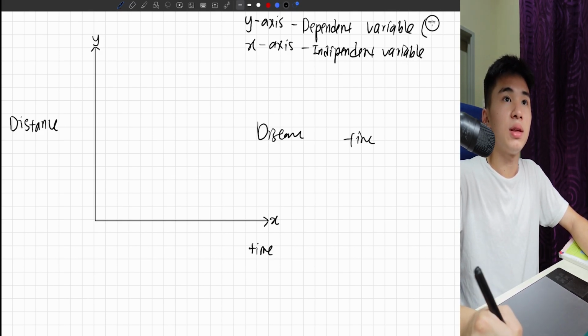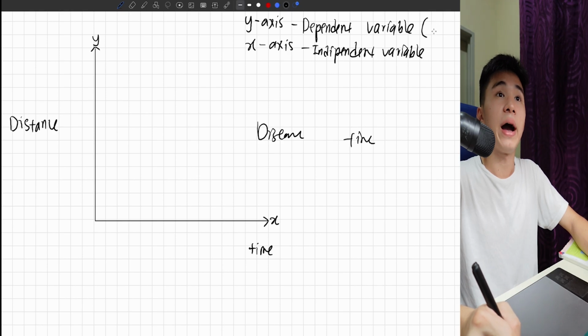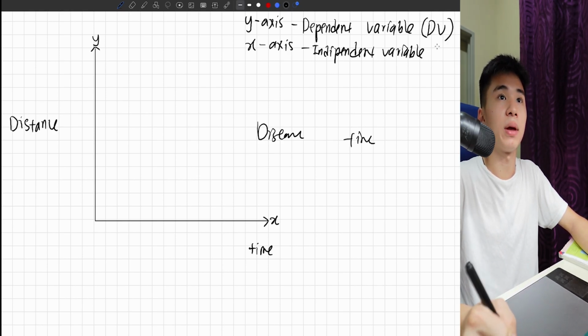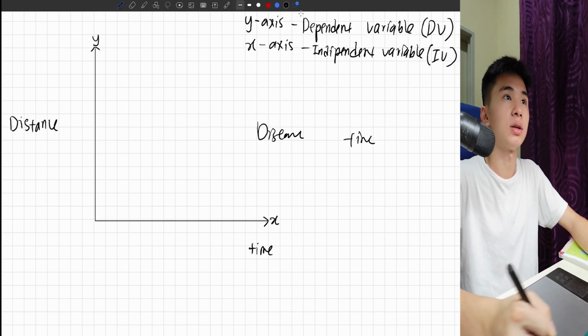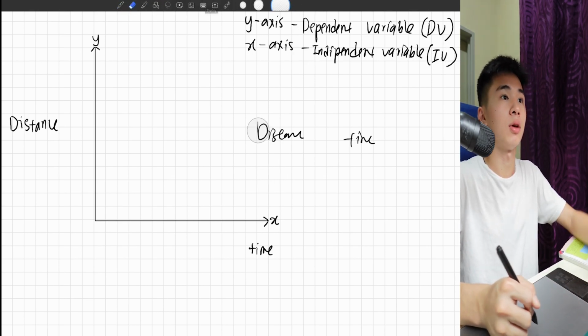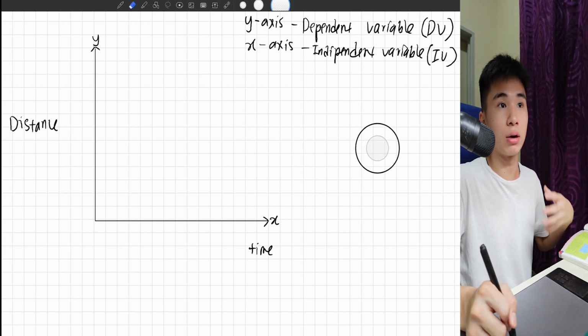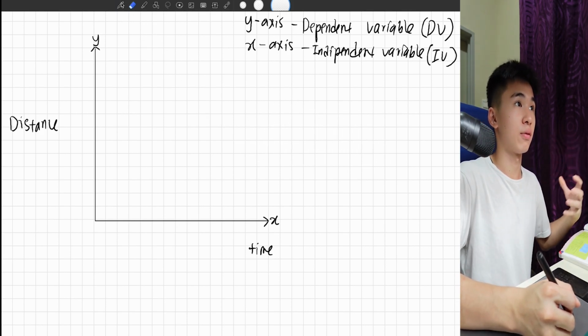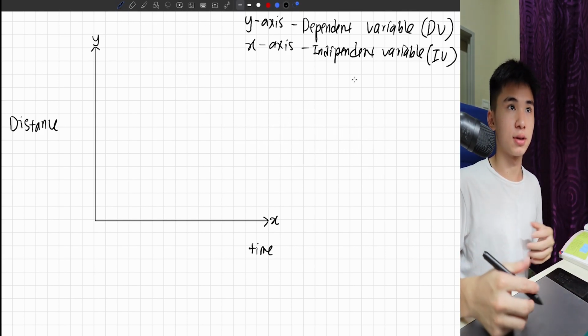You can copy this down on your iPad or in your notebook. So DV, dependent variable, and IV. This is very important when you are going to draw or plot a graph.